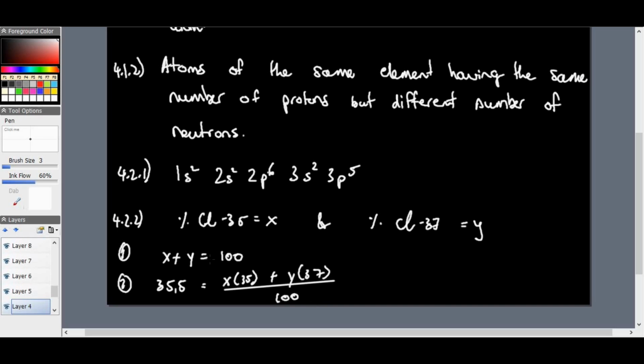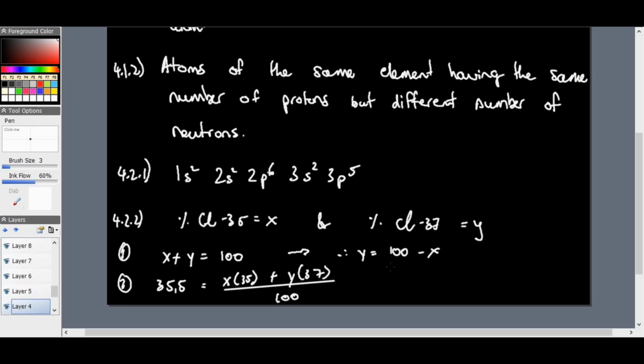So we've got X plus Y is equal to 100, but therefore, if we want to get one of these variables, we'll get that Y is equal to 100 minus X. This is the actual first equation.